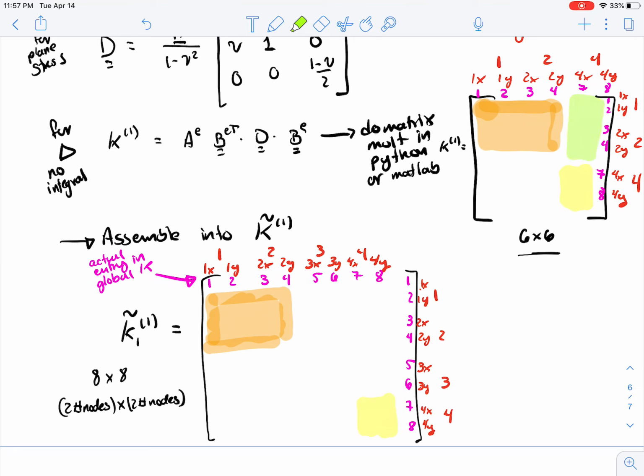And then this part right here goes to 7, 8, and 1, 2, 3, 4. So that one goes to this block right here. And this part right here has 1, 2, 3, 4, and 7, 8. So that one is this one right here.